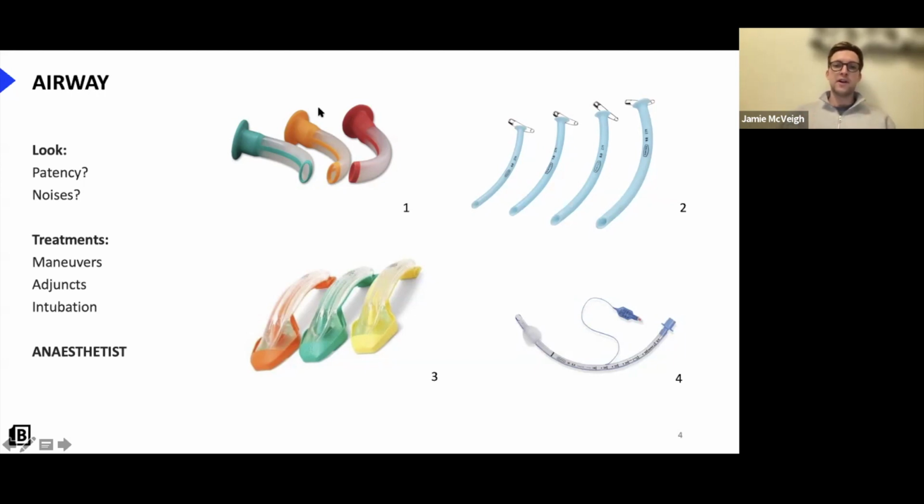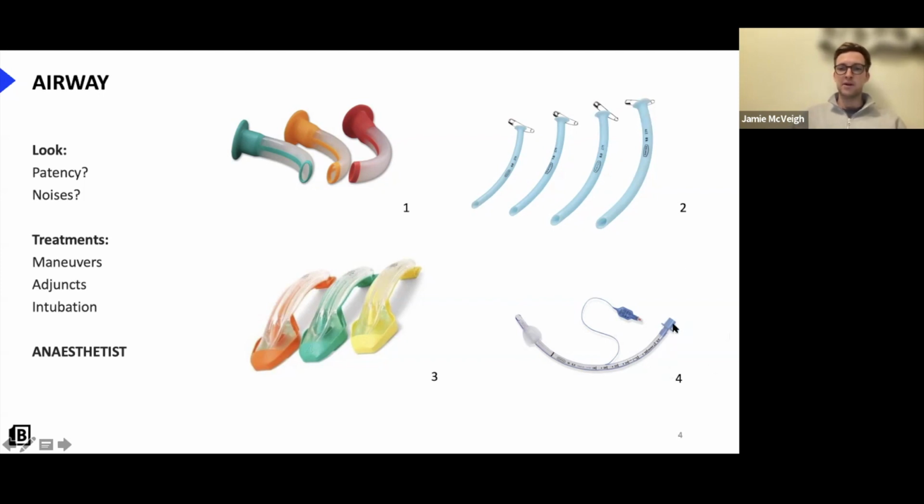So number one there is a Guedel or an oropharyngeal. Number two is a nasopharyngeal that can go in the nose. Number three is an iGel or an LMA, which is a more definitive airway. It's very useful and very easy to put in, actually. And then number four is an endotracheal tube, which I don't think I put a picture of in before, but that's what that looks like.